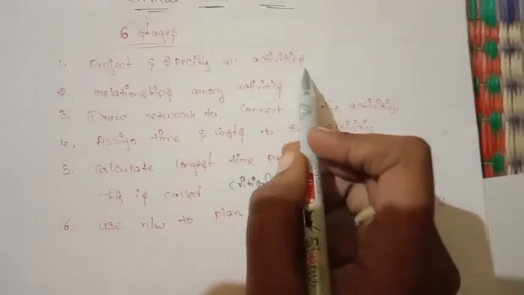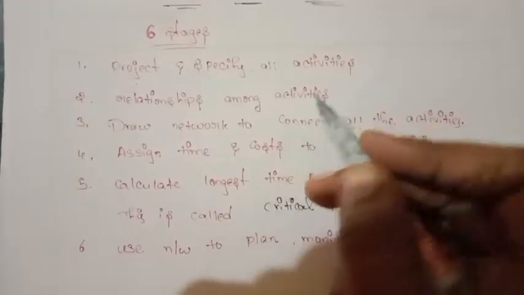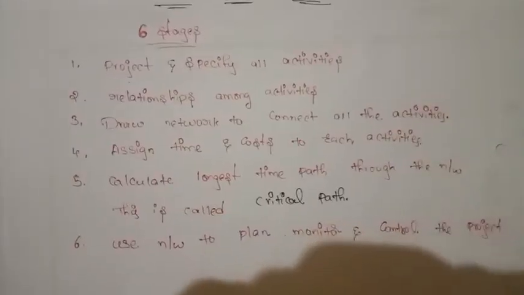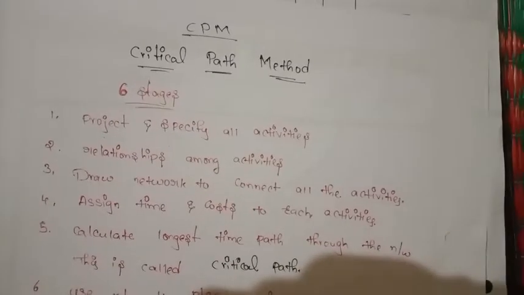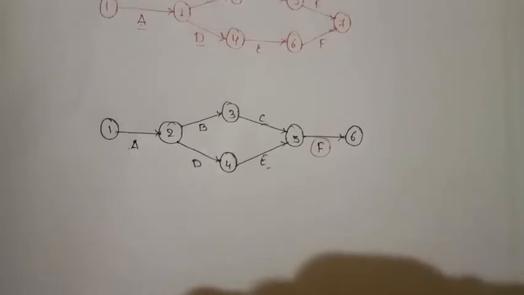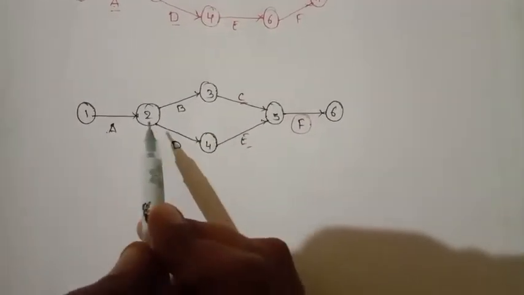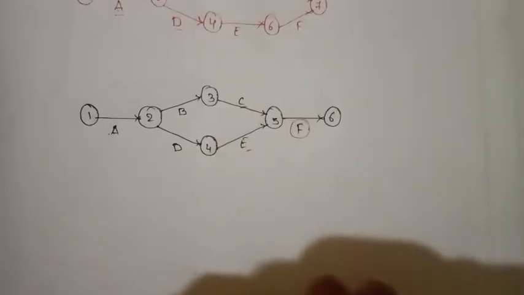The next step is to develop the relations among those activities. While drawing the network diagram, we need to check each activity's preceding activities.